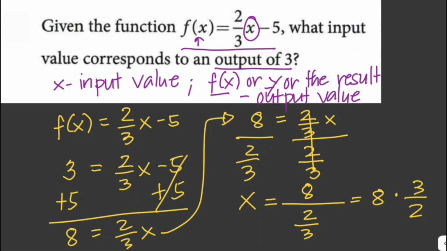And 8 is divisible by 2, so 8 divided by 2 is just 4. Therefore, the value of x here is 4 times 3, and that is equal to 12. So our input value is equal to 12.